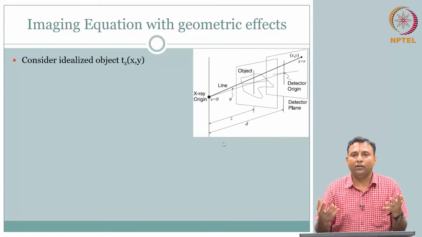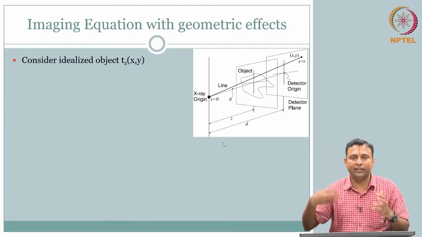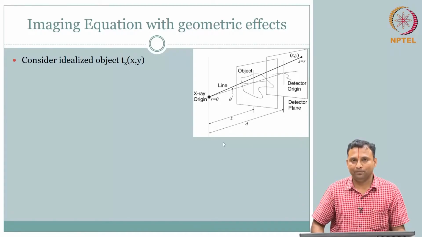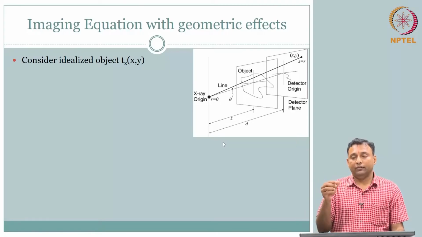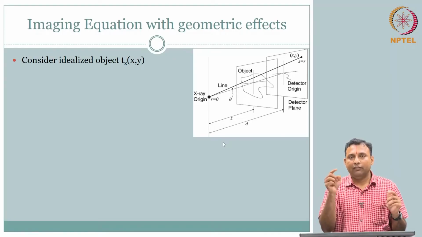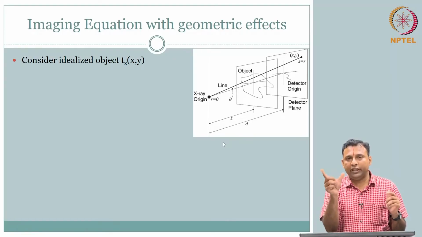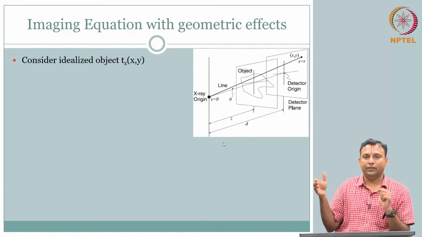Generalize it, what do we want? We want an object which has a different distribution of mu, where mu is changing in x, y, z. What we are interested in is the change in mu and the change in thickness, both of them contribute to whatever is coming out, the attenuation.